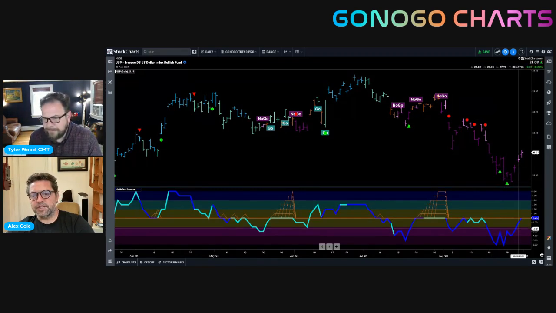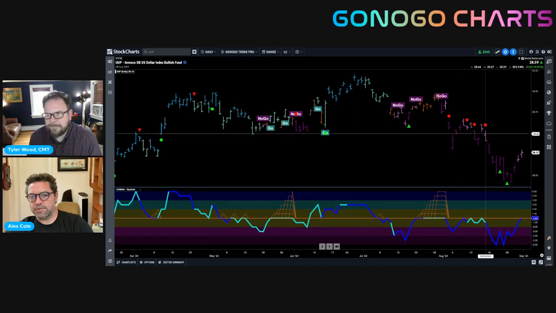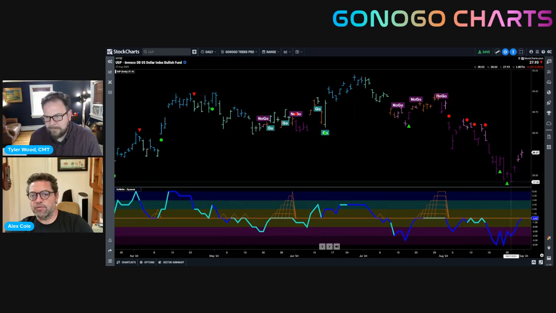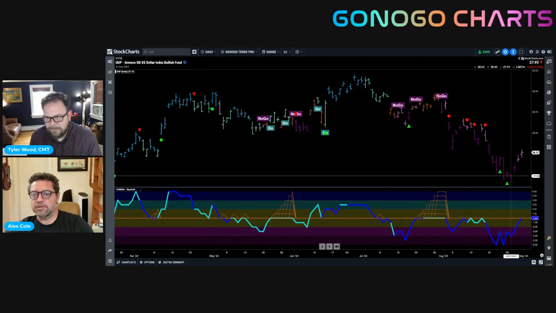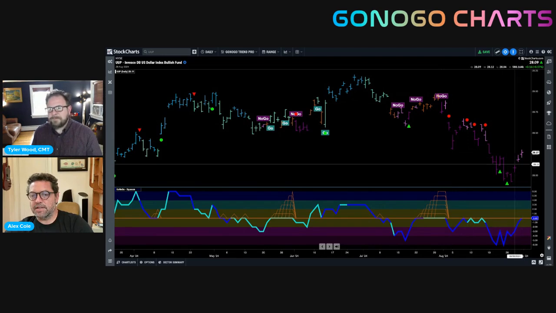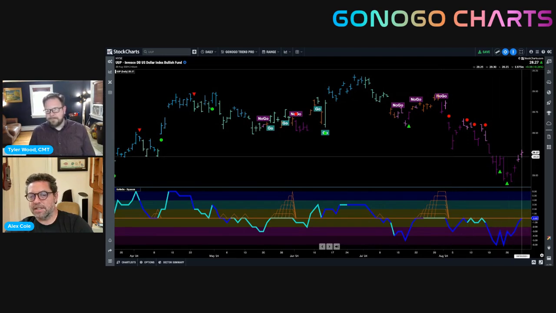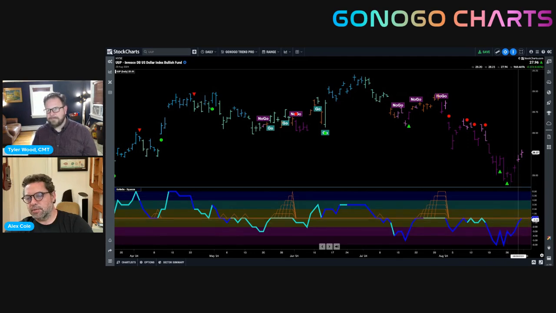Yeah, so another inflection point, really important one, I think, because we just made a lower low, and now we've rallied off those lows, and we'll want to see what happens again down here on the oscillator. We know that if there's a strong trend in place, that zero line should act as an objective level of either support or resistance, depending on the trend that we're in. So in this case, we're in a no-go. We've made lower lows and lower highs. As we rally, and we see this as a relief rally until it isn't, we're going to watch to see what happens at the zero line.